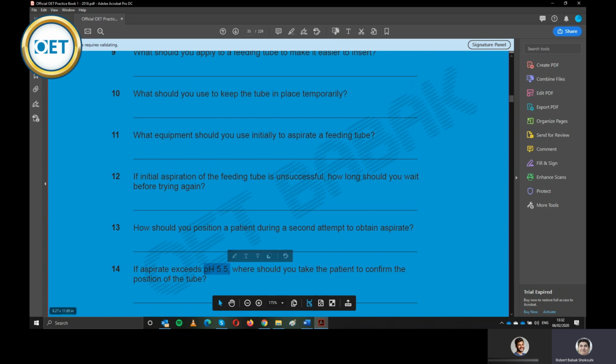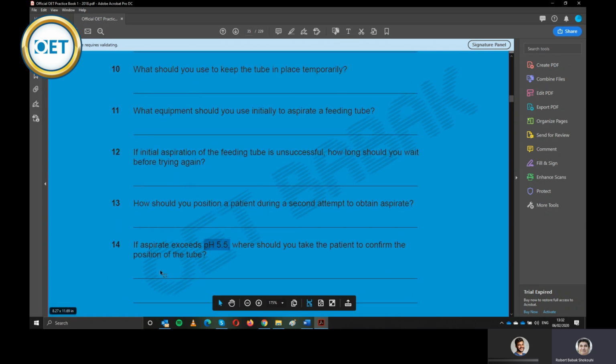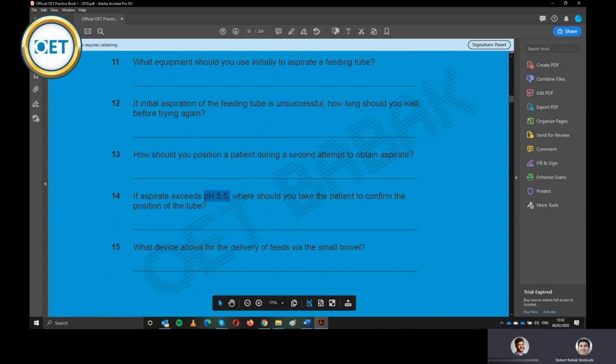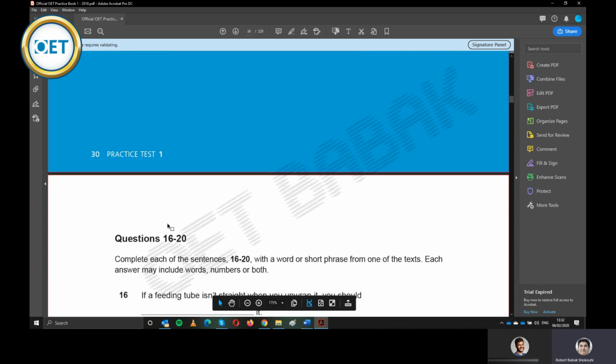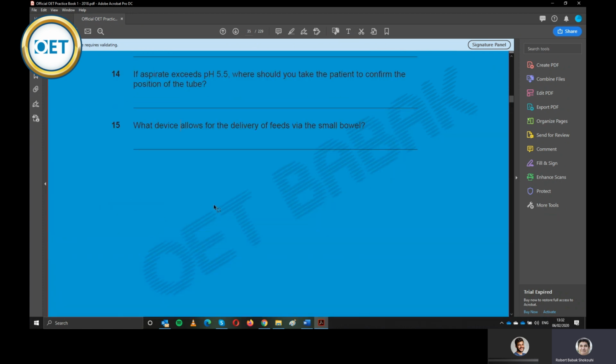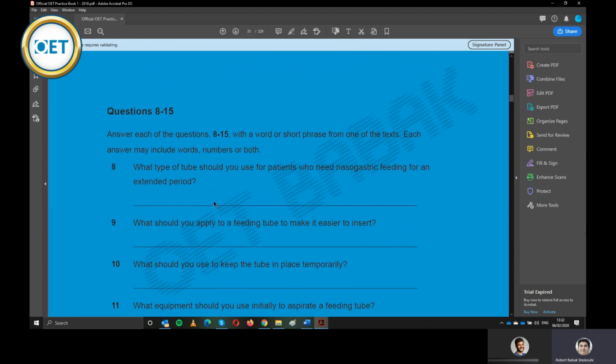Where should we go for this one? Part C. Advice for delivery of feeds via the small bowel. What device? I think it was a pump, but we go and look at it. That is part D. So we can now go and look at those.